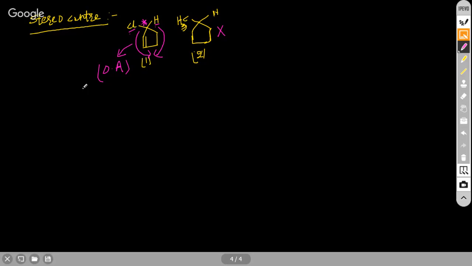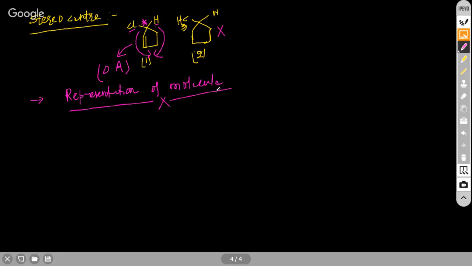Now we have the representation of molecules. Write down the heading, representation of molecule. D and L configurations are experimental, correct? I told you this in the beginning.